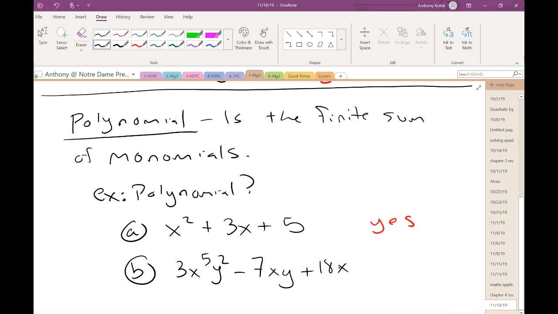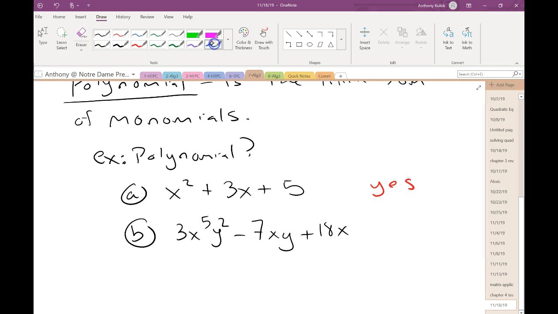Why not? Well, what if instead of writing it as minus 7xy, I wrote it as plus negative 7xy? Isn't that the same thing as subtraction? Okay. You want to change your mind now? So we think this is, yes, it is a polynomial, right?